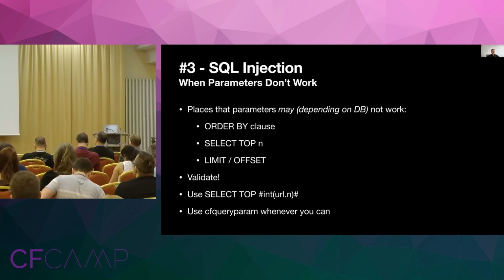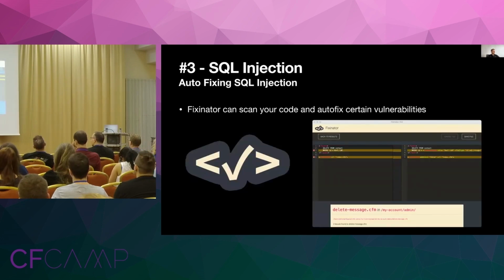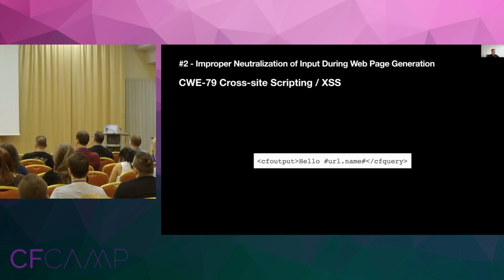And validation. So for example, if you're doing select top something, you can use validation to ensure that that number is an integer. But use CF query param wherever you can. Yeah, so we already talked about Fixinator. This is just showing the GUI version of it. We looked at the command line version.